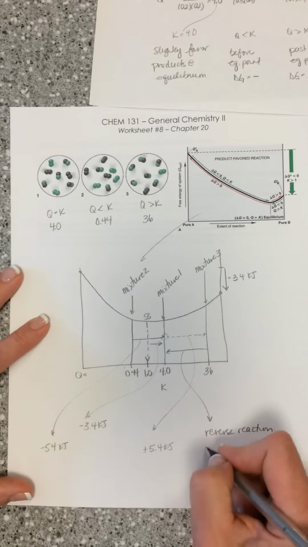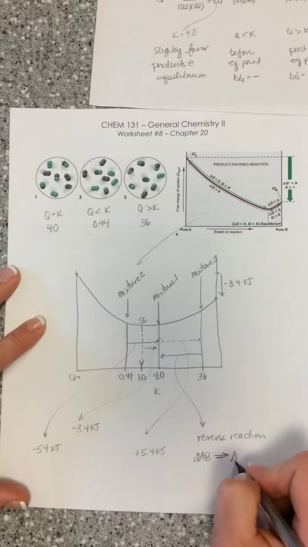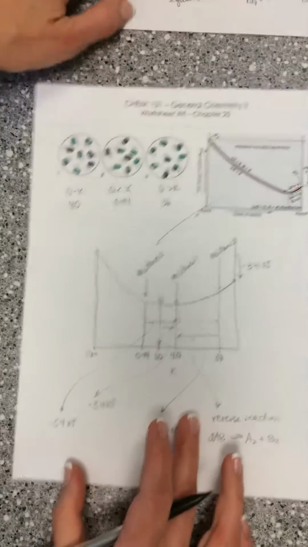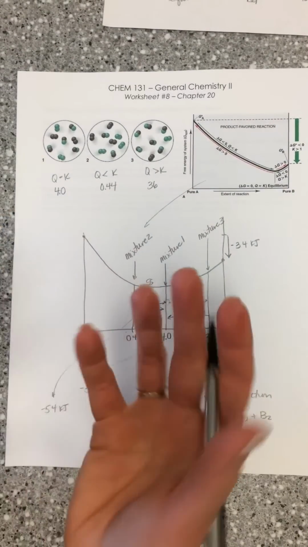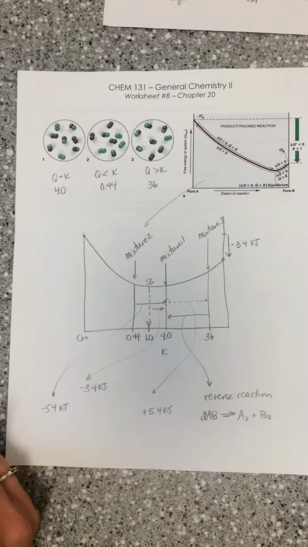which again, for this chemistry means that two ABs are going to have to break down into A2 plus B2. And hopefully you remember from chapter 6, when we talked about enthalpies, how to manipulate enthalpies of a reaction. Well, we can manipulate delta G's in the same way.